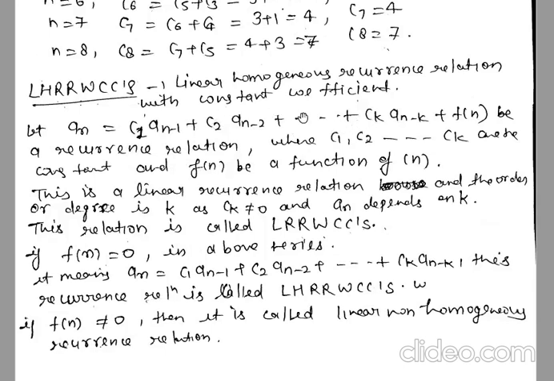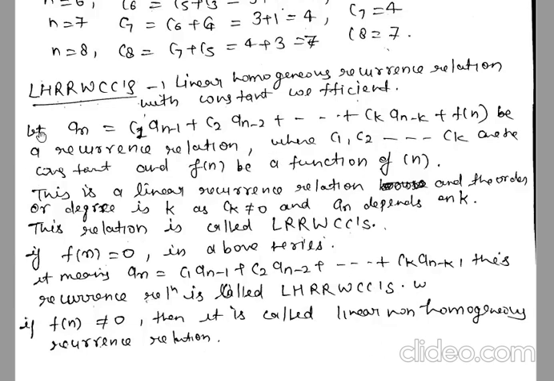Now, if in this equation your Fn is equal to 0, then you can say that this equation is called a linear homogeneous recurrence relation with constant coefficient. If Fn does not equal 0, then it is called a linear non-homogeneous recurrence relation.